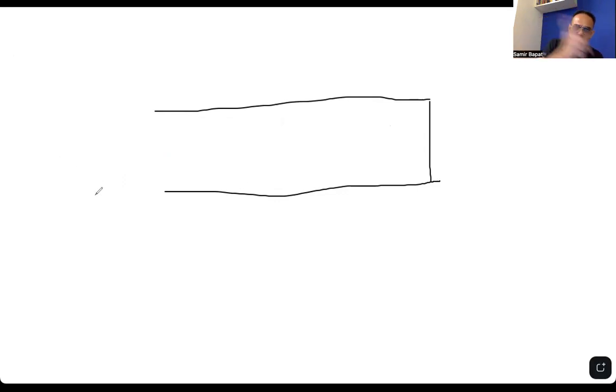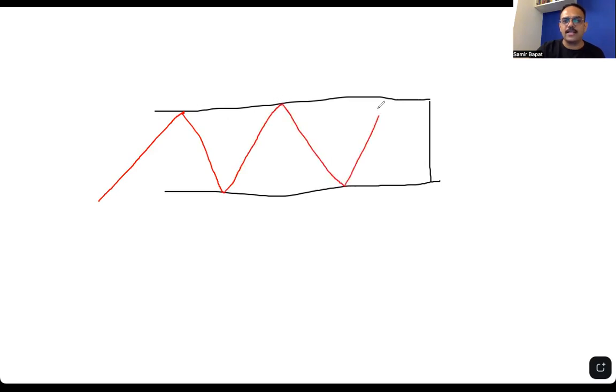So if we throw a ball inside the box, it will go like this, hit at this level, fall to the bottom or the support, again go here, hit the resistance, fall here, like that it will keep on bouncing. Correct? So it's in the range, it is bouncing. It will appear as if it is trapped in a box, in a rectangle. How many of you are able to imagine? Can I have yes from all of you if you are able to understand what I'm trying to say here?